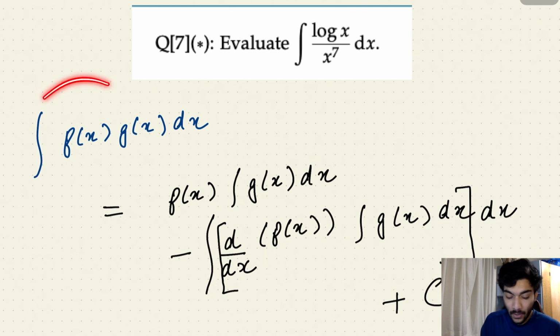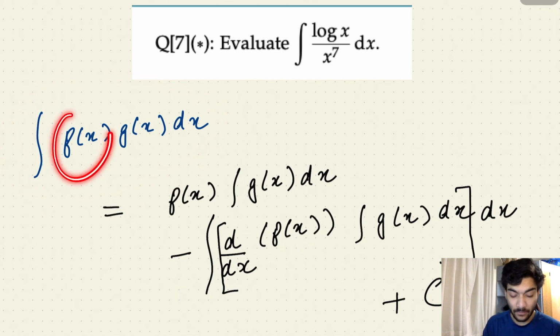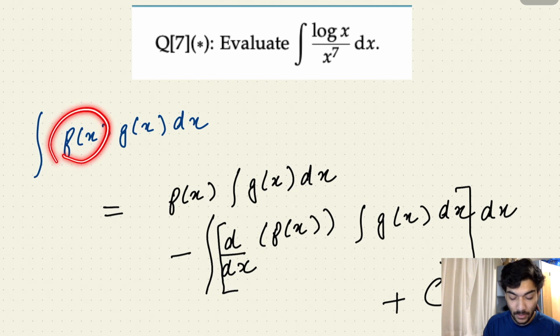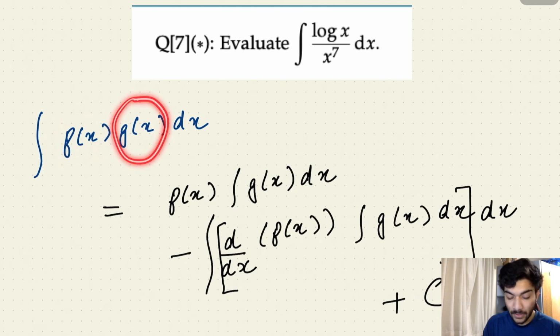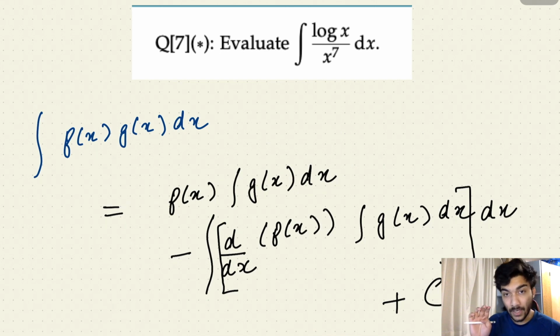So again, in order to solve the indefinite integral of a combination of two functions using integration by parts, what we do is, if you want to calculate the integral of f of x, g of x dx, you'll take the first function as it is, integration of second, and have it in your first expression. Then you'll take the differentiation of first, integration of second, and then the integration of this whole expression as your second expression.